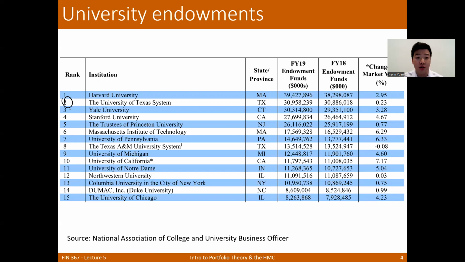It's second to Harvard, and it has a large endowment portion of money that's used to fund university activities as well as the university research budget and so on. So it's a really important investment problem for every university to tackle: how to use these endowment funds and invest them in a proper way to fund university functions.